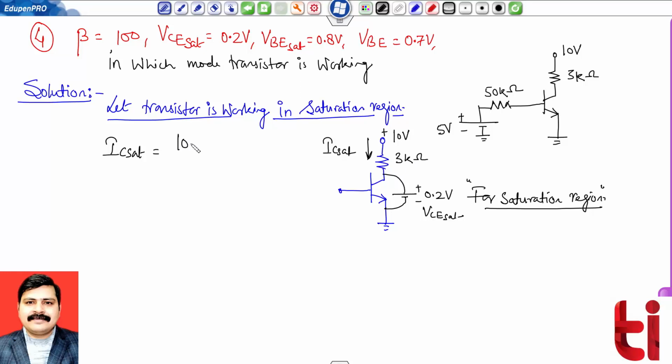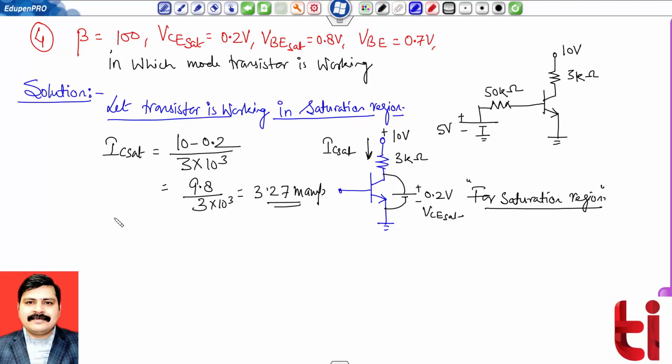So it is simply my 10 minus 0.2 divided by 3 into 10 raised to power 3. 9.8 divided by 3 into 10 raised to power 3, and this comes to 3.27 milliampere. So value of IC set is 3.27 milliampere.